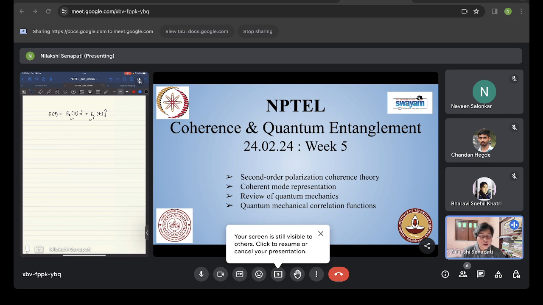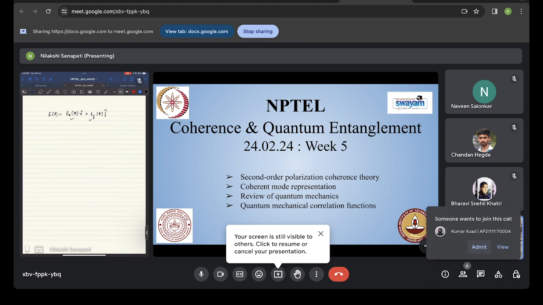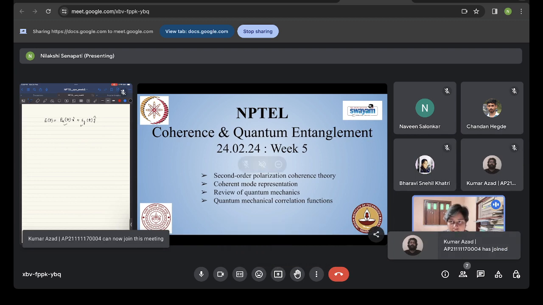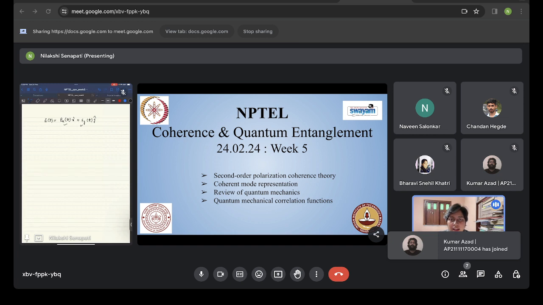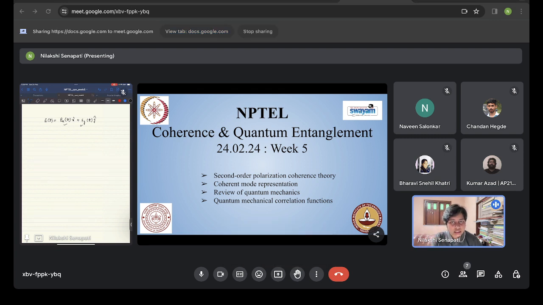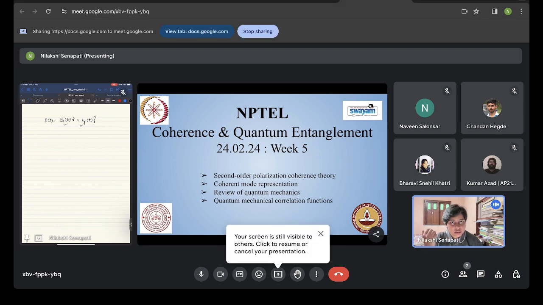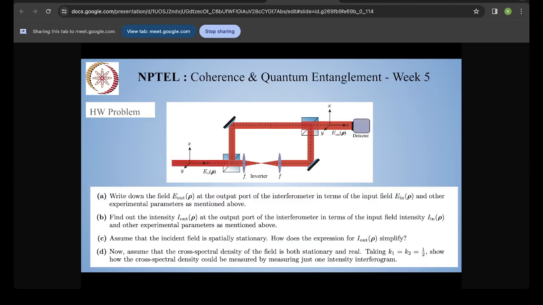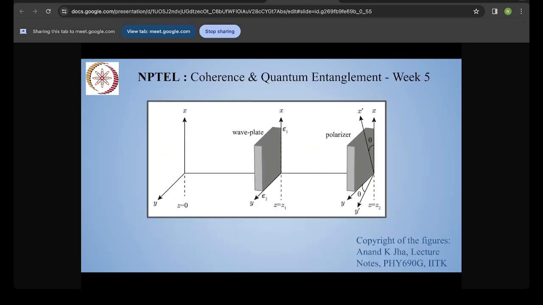Now I hope you have the idea of why we are worried about studying the second order polarization coherence theory. After that we want to study how to quantify the polarization correlation, and for that we need the help of an interferometer setup, like previously we have done with the Mach-Zehnder.